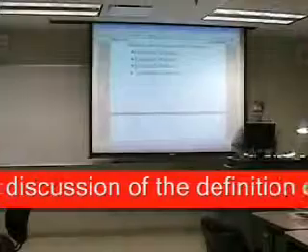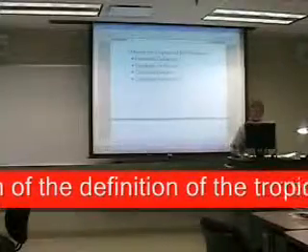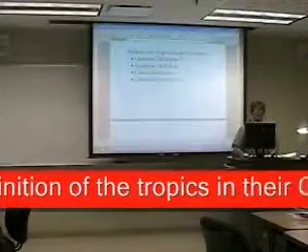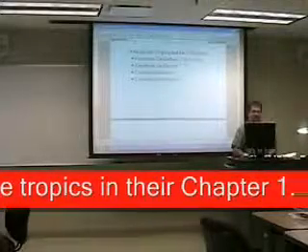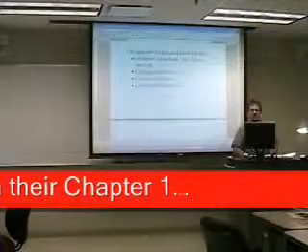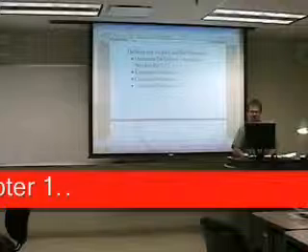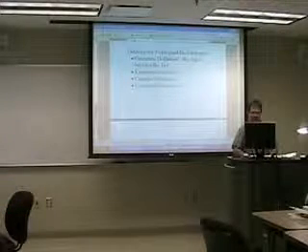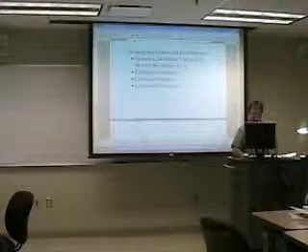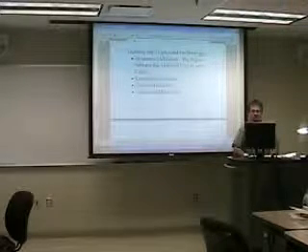A geometric definition would say that the tropics are the region between the Tropic of Cancer and the Tropic of Capricorn, 23.5 degrees north and 23.5 degrees south. And that would be really neat.